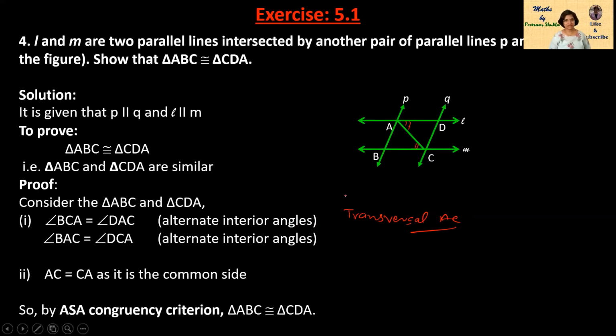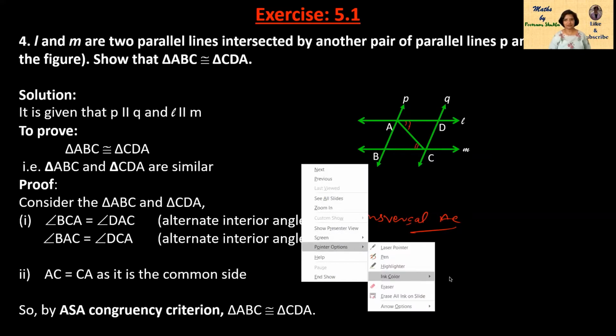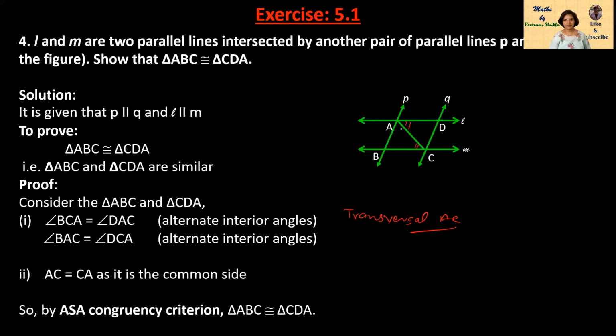And we can say angle BAC equals angle DCA. These two angles are also equal, right? Alternate interior angles. So this we have found. AC equals CA, as it is a common side. So one angle, one angle are equal, right?